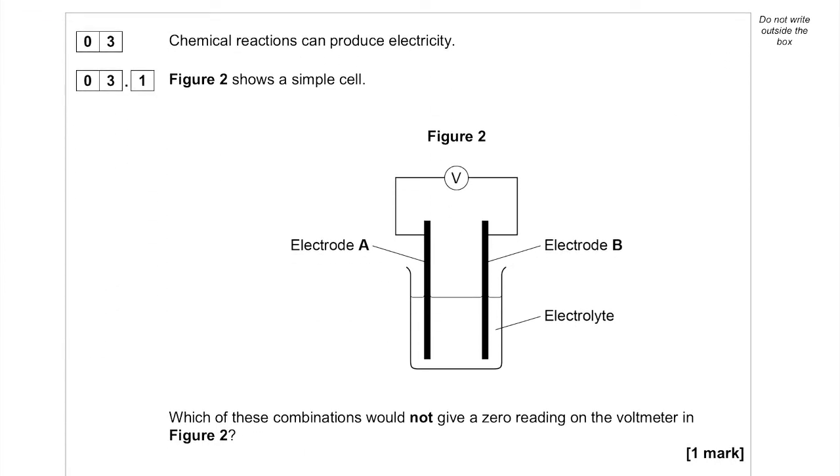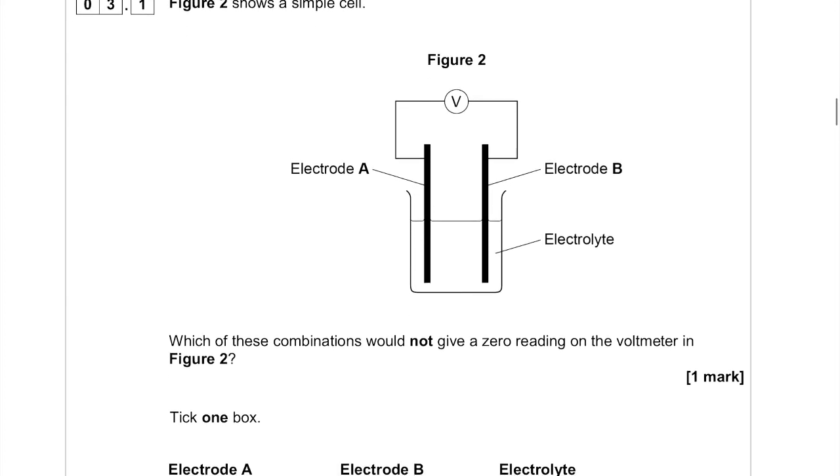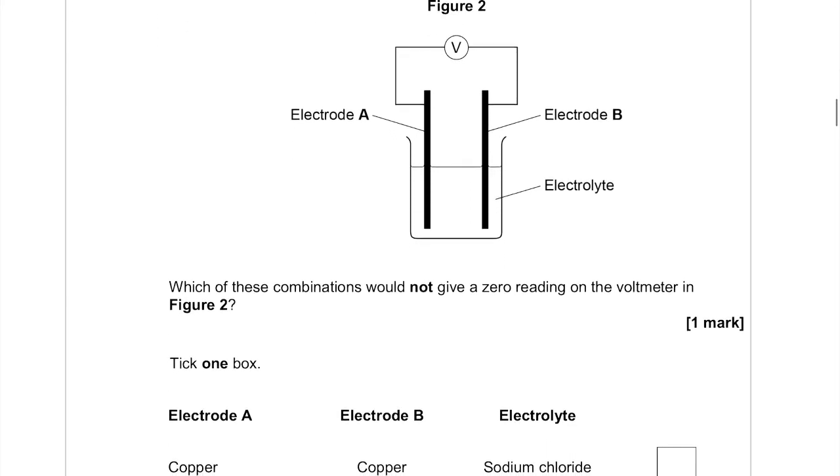Now, moving on to question 3, which is electricity related. And we have a simple cell. Which of these two will not give a 0 reading on the voltmeter in figure 2? Figure 2 is just 2 electrodes in an electrolyte.